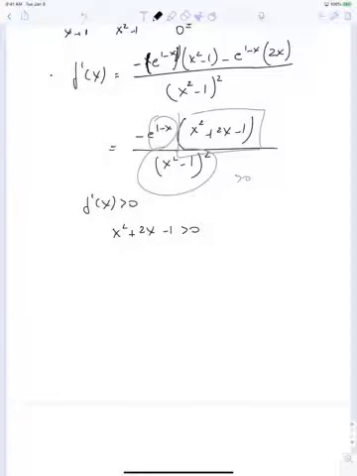So here we get that the two solutions x1, 2 are minus 1 plus or minus the square root of 2.